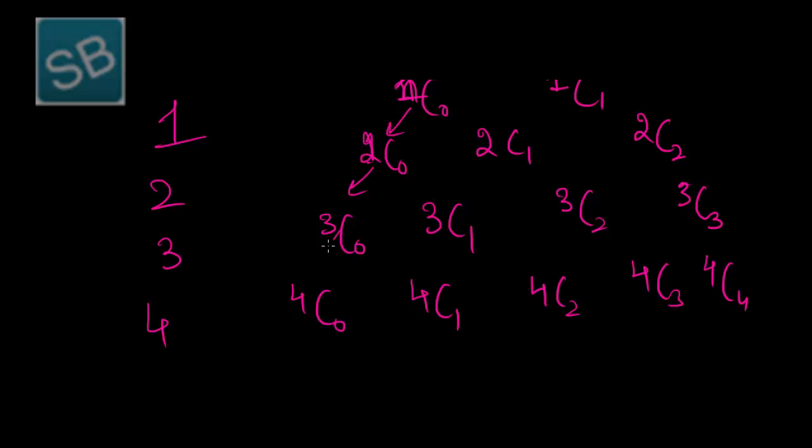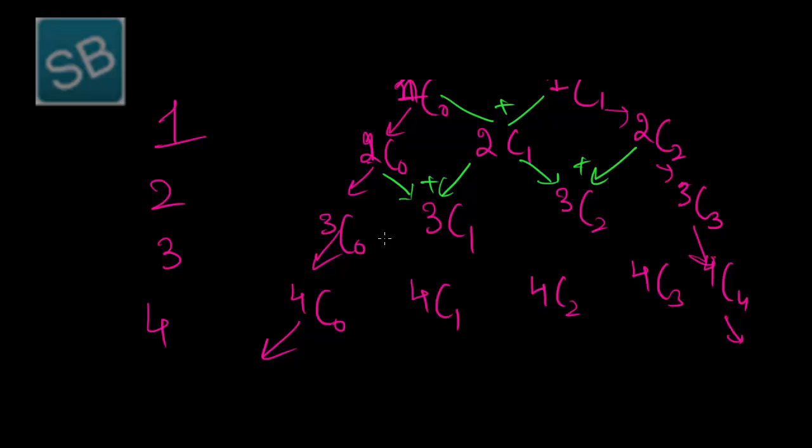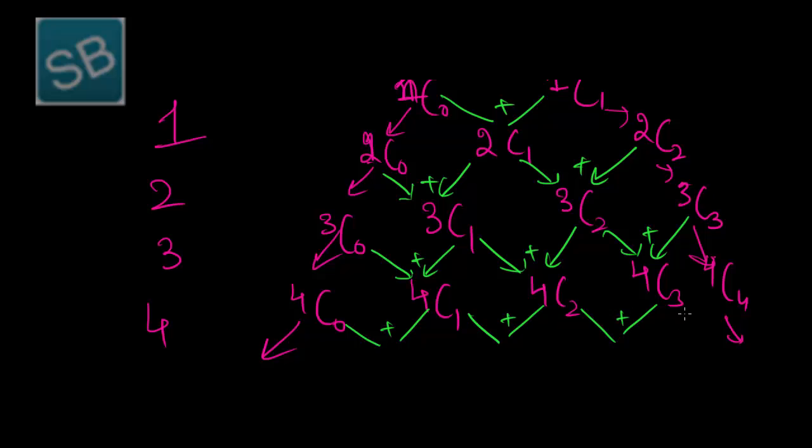That is, the arrow is going like this, and the next row will be 5C0 and 5C5, and the others by adding these two, and continuing in this manner, we will get the coefficients of other indices.